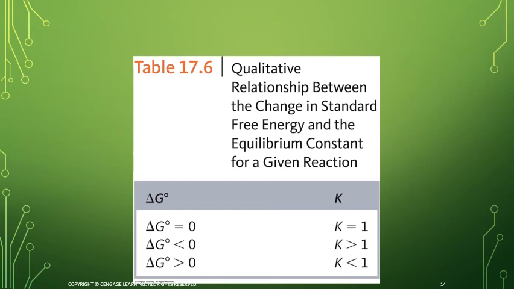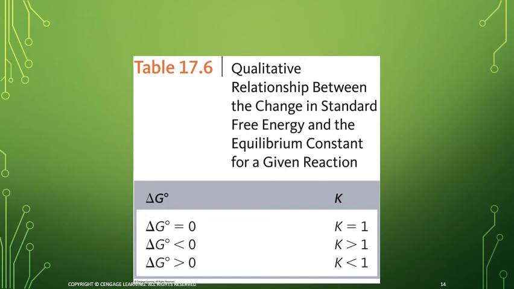And then finally, if my delta G naught is greater than 0, then I have a positive delta G, non-spontaneous in the forward direction, so therefore spontaneous in the reverse direction. So I would have more reactants compared to products at equilibrium, and I would have a value that would be less than 1 for the K.